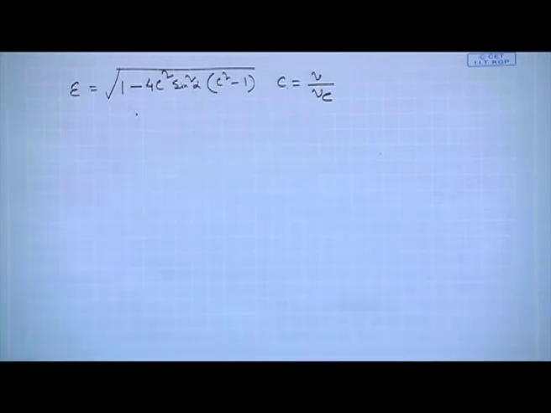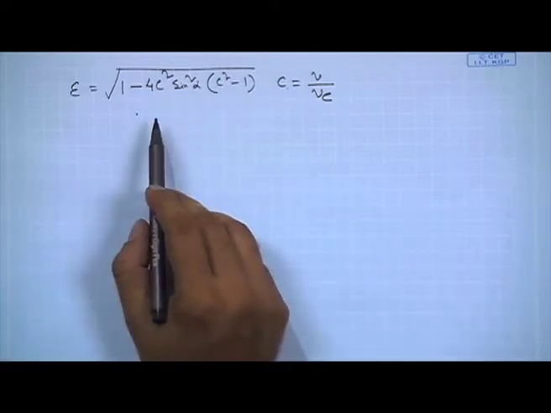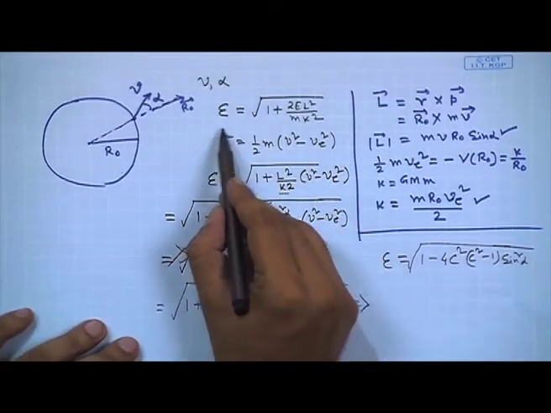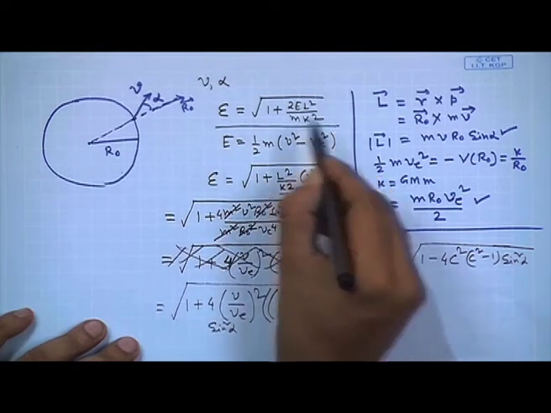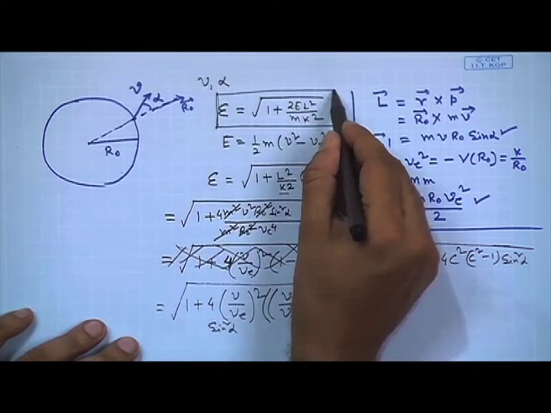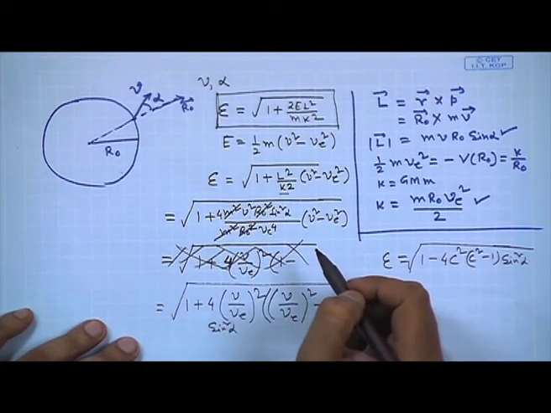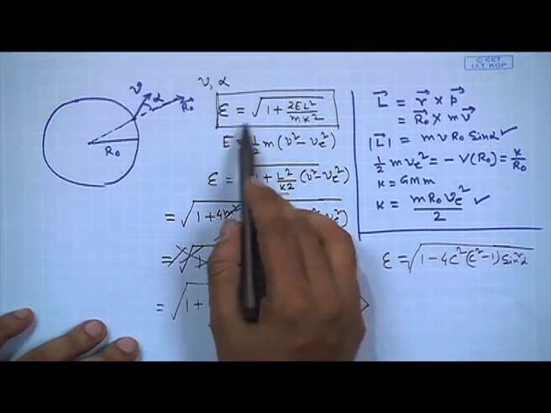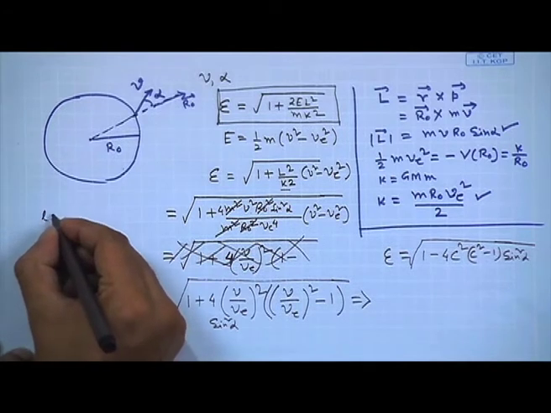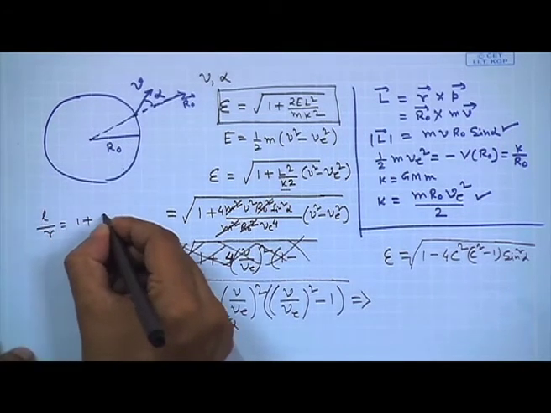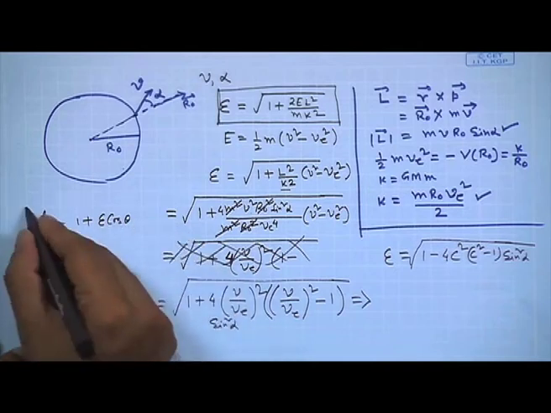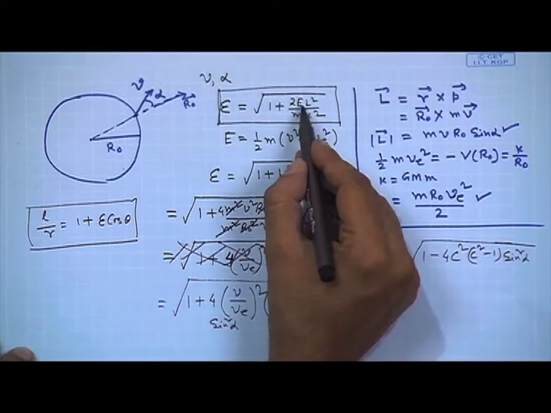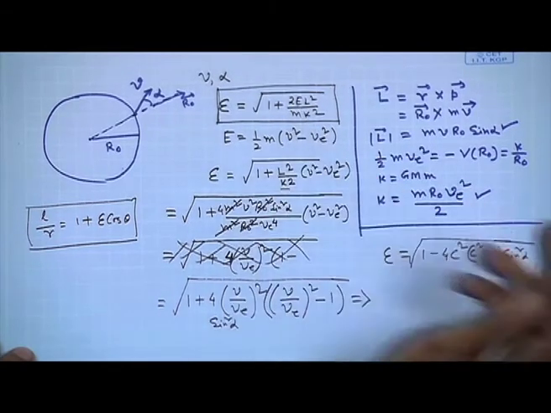So, you see, essentially we started off with an expression of epsilon of this particular form, which in one of the previous classes we got by using 2 differential equations for central orbit with an inverse square law of force, or rather we used the equation of conic section L by r equal to 1 plus epsilon cos theta, and 2 sets of differential equations, and essentially got this expression in terms of energy, angular momentum and force constant.